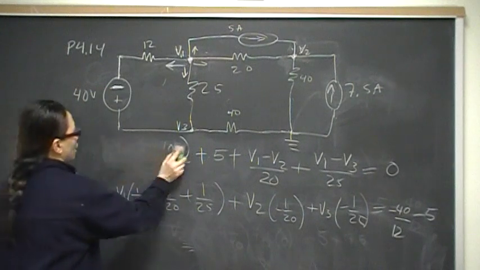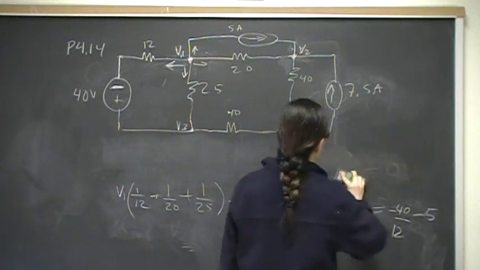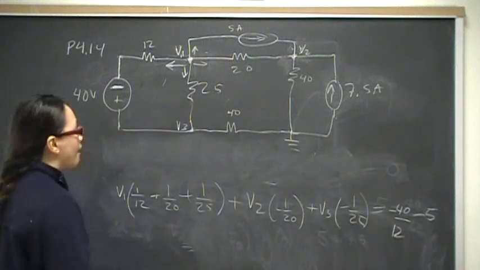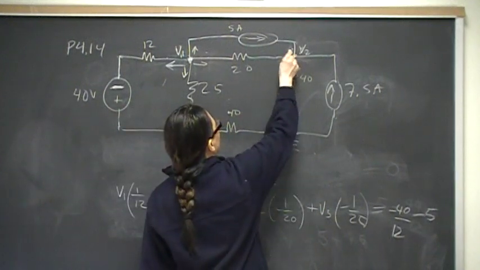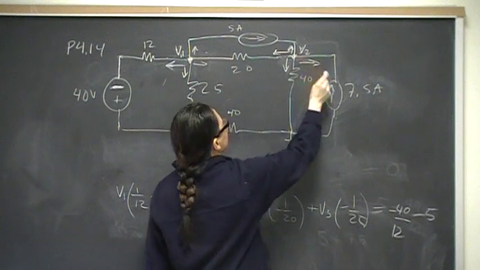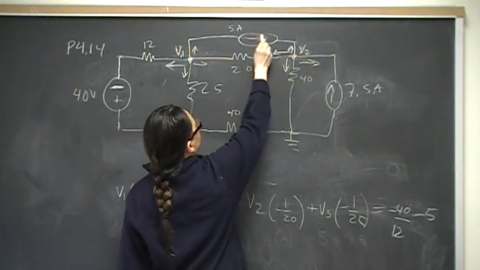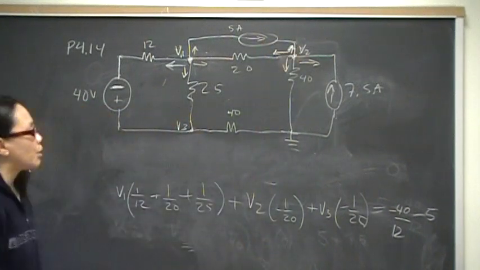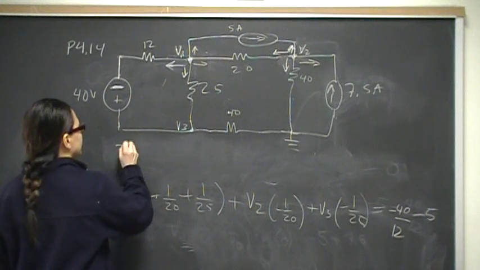Now the second equation is going to come from my second node, which is V2. So we want to calculate this current, this current, this current, and this current, right? Let's start at the top. This is already 5 amps coming in, so since we're defining positive current to be away from the node, that 5 amps is going to be represented as a negative 5.